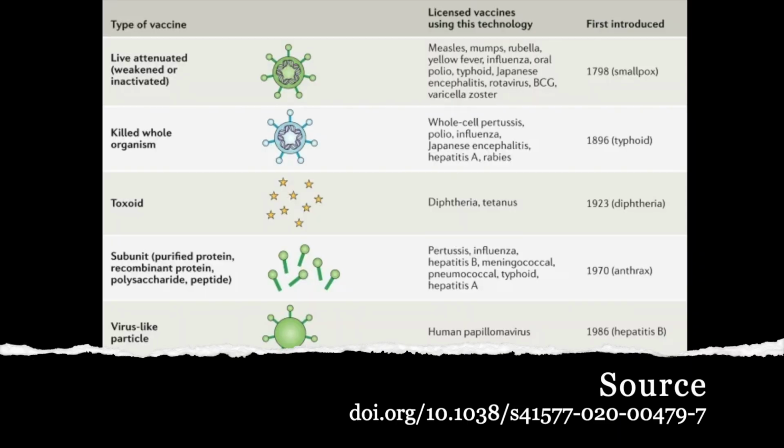And so just before we really get into it, just a quick review of some vaccines we've had in the past, or different types of vaccines. We initially started out hundreds of years ago using attenuated vaccines.